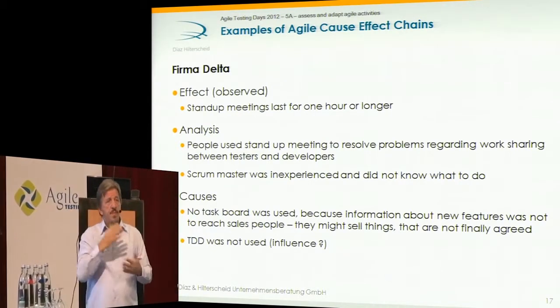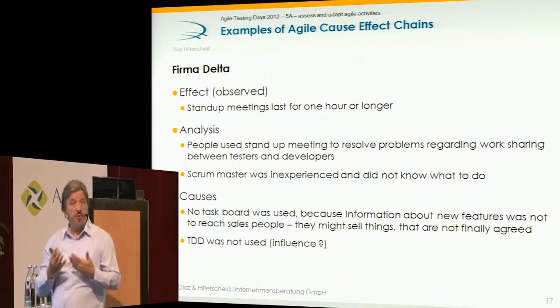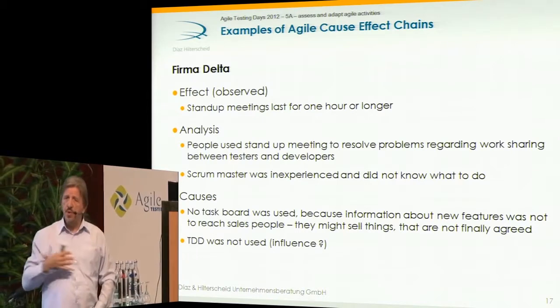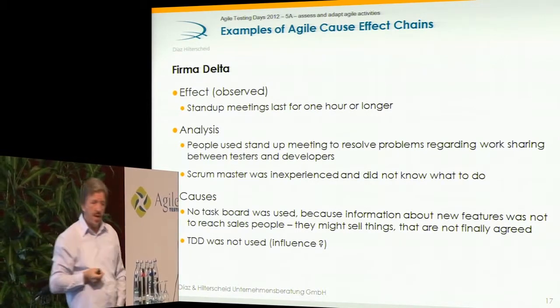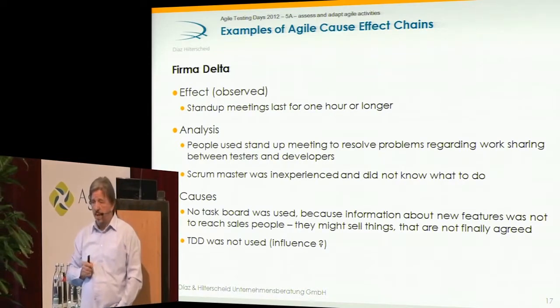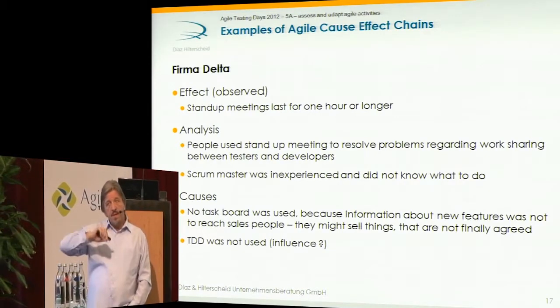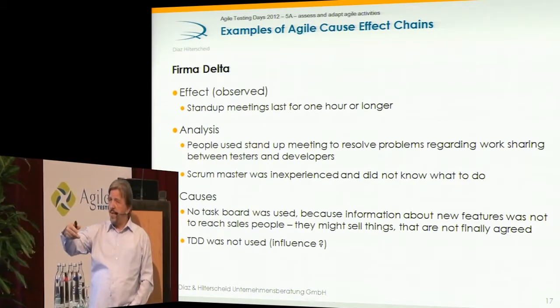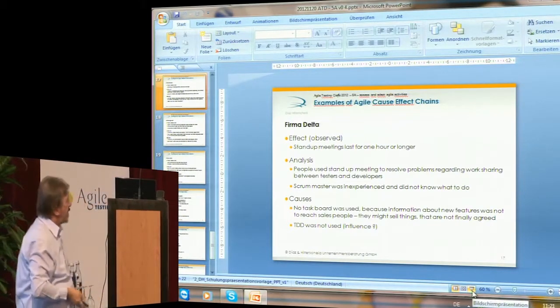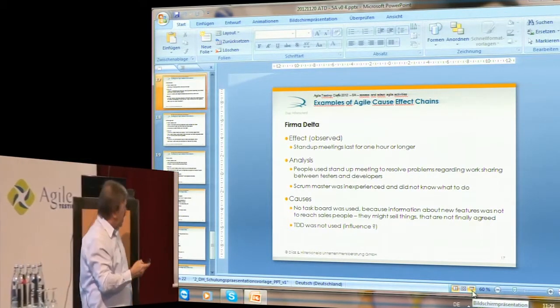So it becomes a force that the development department and the company as a whole did not want to have. So that's how they avoided that problem. Again, that relationship or that problem only showed up multiple months after they had made the decision to do away with the task board.